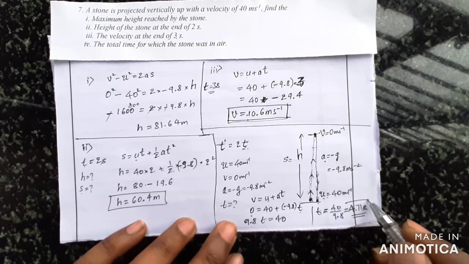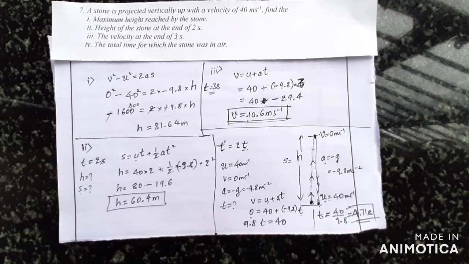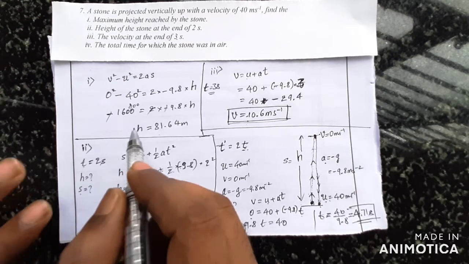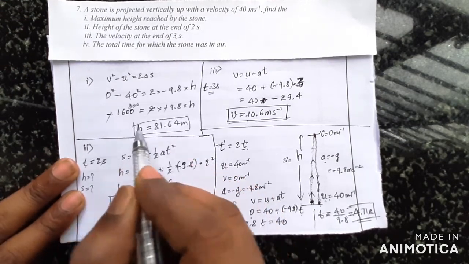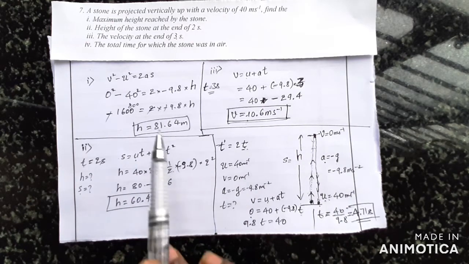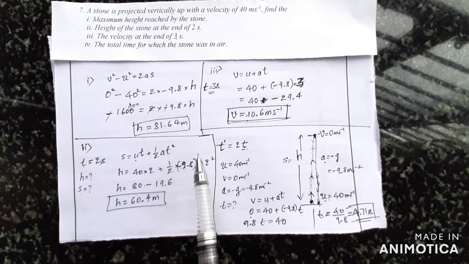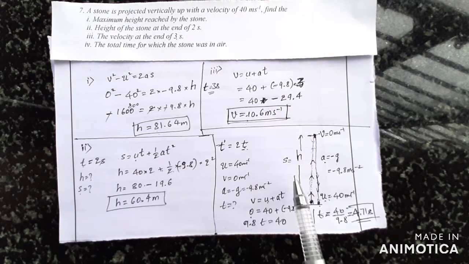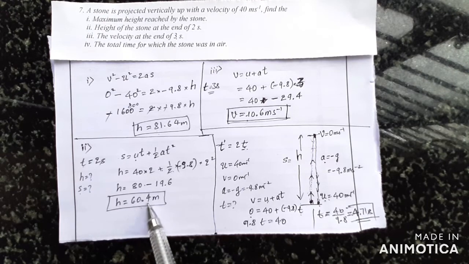We have all the solutions for the given questions. We had 4 questions given and 4 answers. Keep the answers in a box. Total height for the entire motion is 81.64 meter, and the displacement or the height after 2 seconds is 60.4 meter.